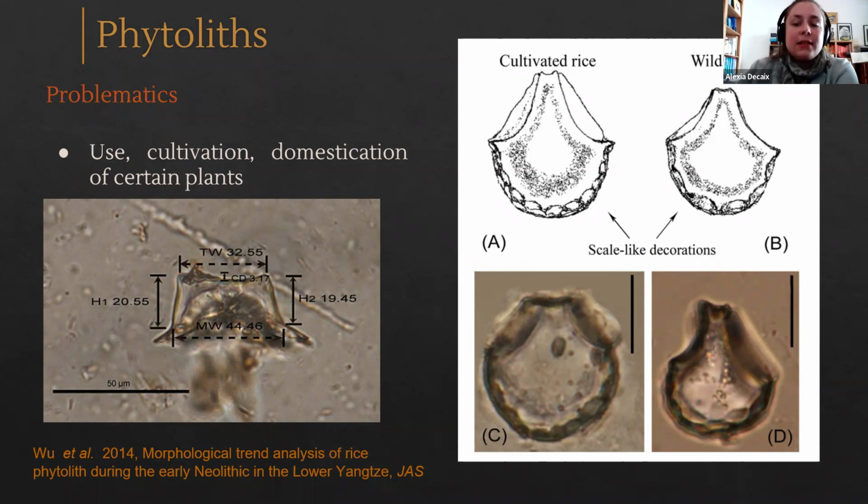Indeed, statistical analysis incorporating different shape and size measurements of the double-peaked glume cell phytolith that you have on the left picture allows distinguishing wild from domesticated rice. And moreover, the bulliform cell that you have on the right from domesticated rice has a larger number of scale-like decorations than the wild rice.